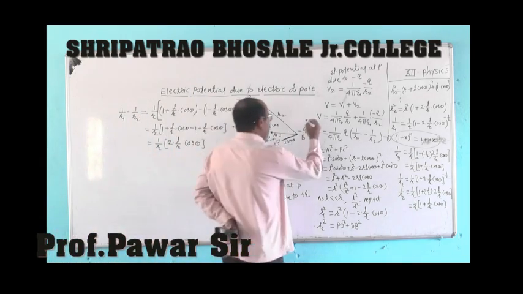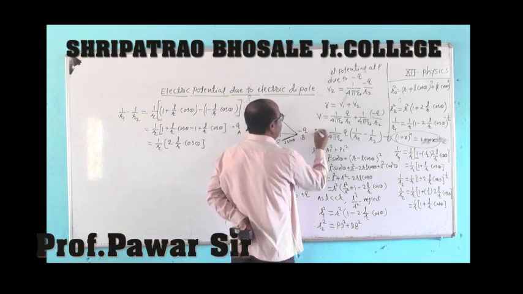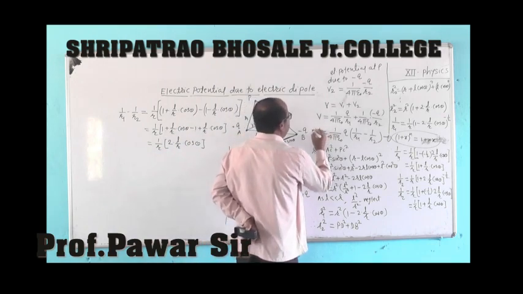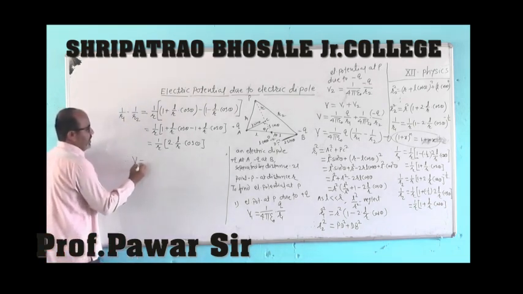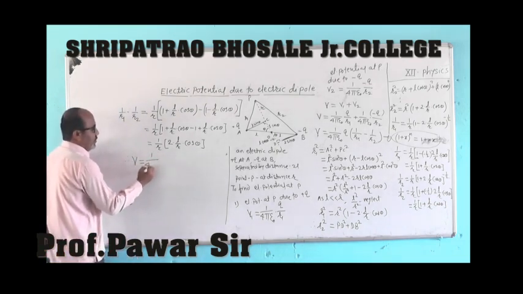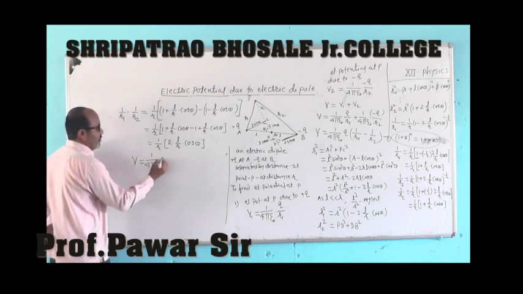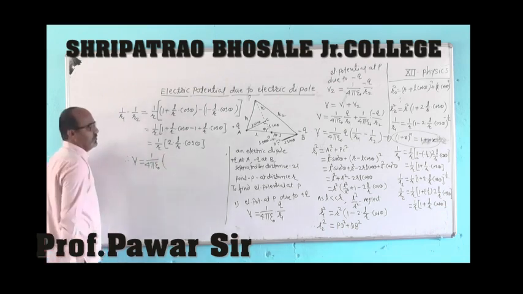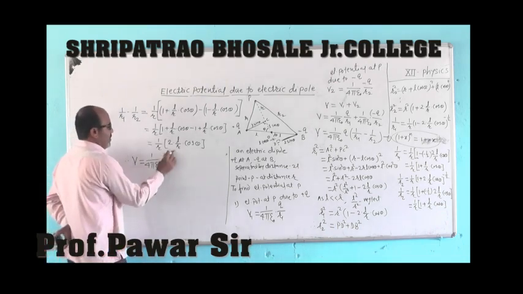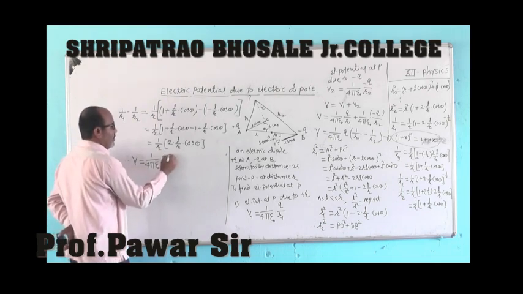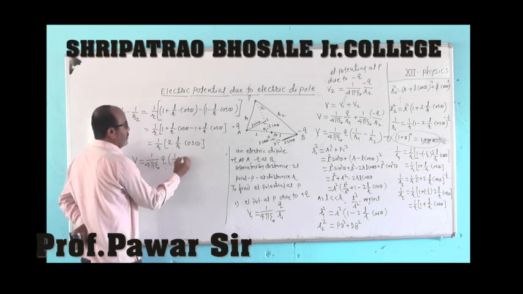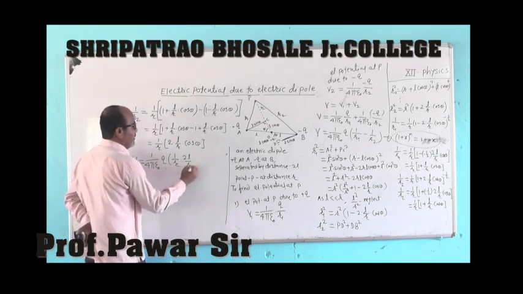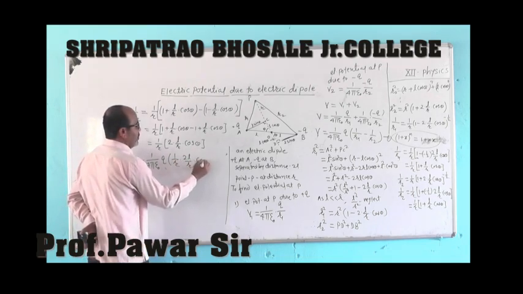Now we can find total potential V. V is equal to 1 upon 4 pi epsilon 0 into Q into 1 divided by R into 2L divided by R into cos theta.